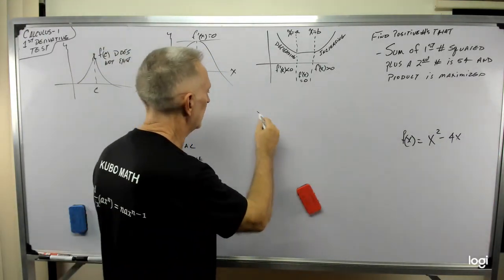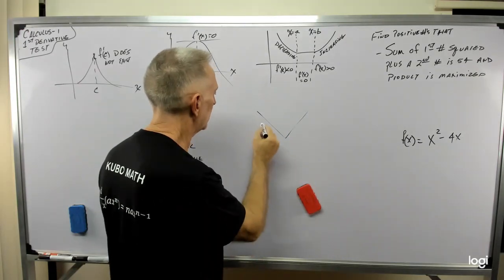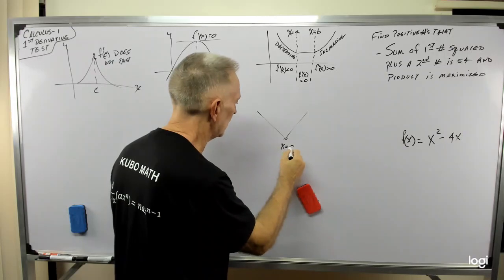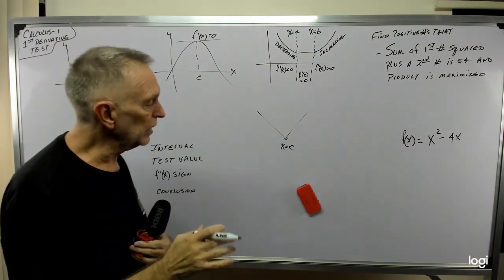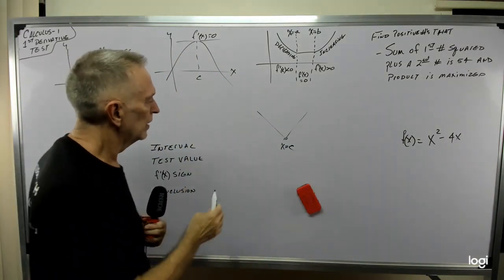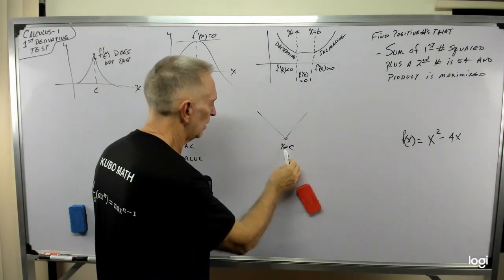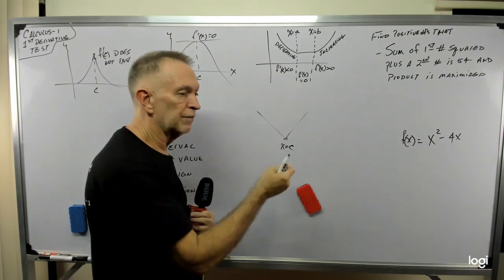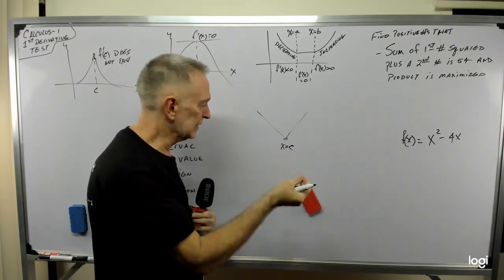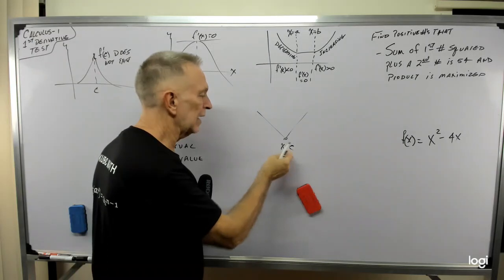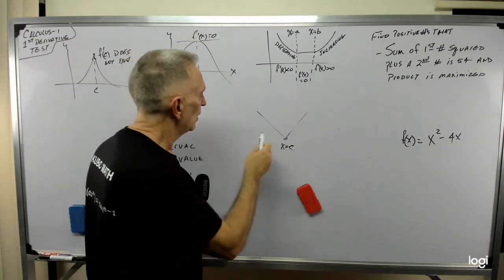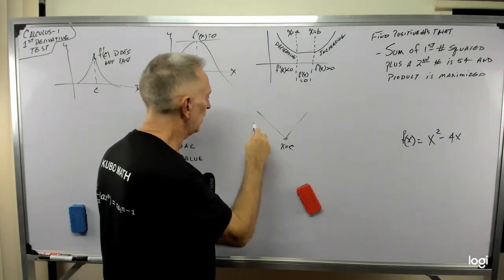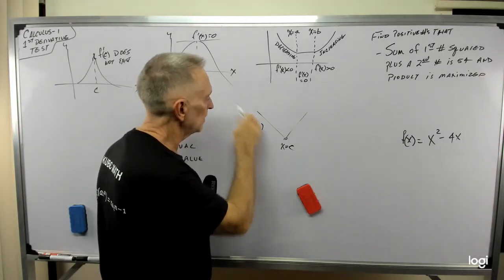Well, think about that. We have x equals c defined. We have a critical point: we take the derivative, set it equal to 0, find the value of x that makes it 0, deem that to be a critical value, and we look just to the left of c and find f prime of x is negative.